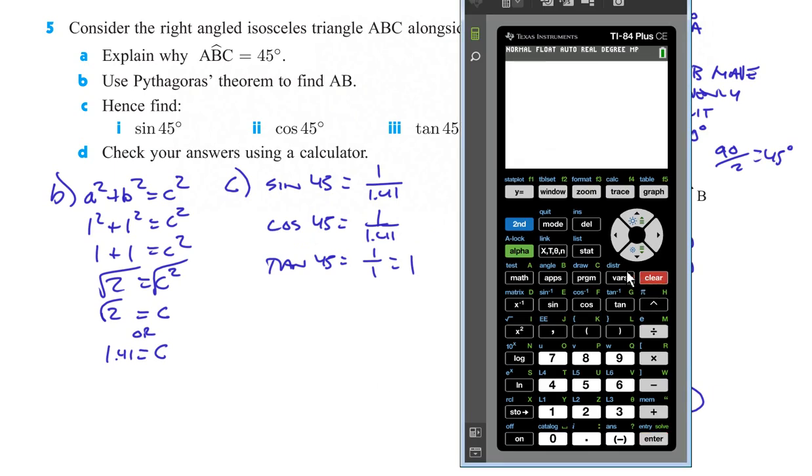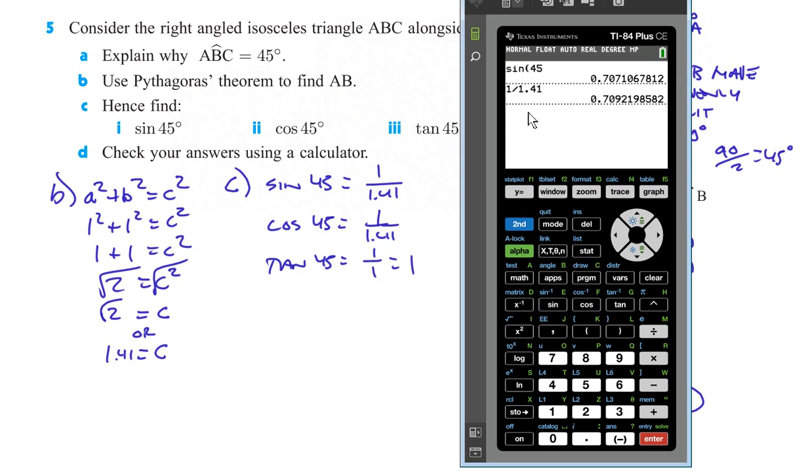It says check your answers using a calculator. If we did sine of 45, it gives us 0.707. Now, if we take 1 and divide it by 1.41, we get 0.709.